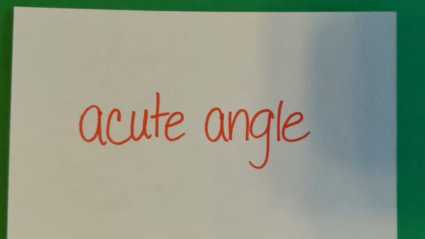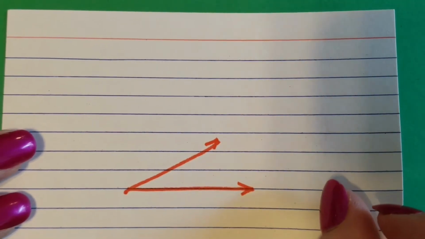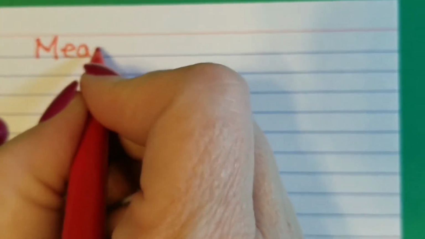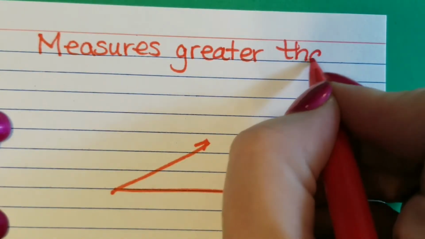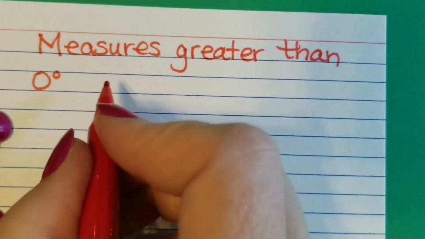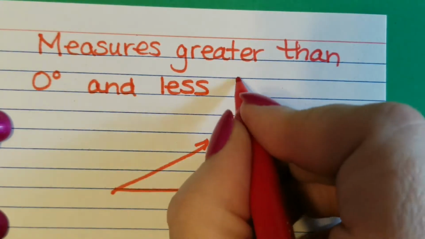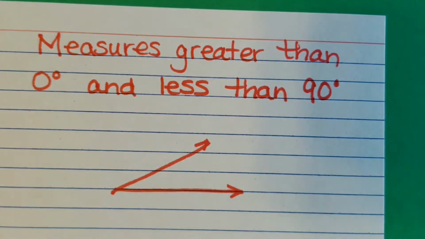The measures of our angles can also determine a type of angle. We have 4 types. The first one is going to be the acute angle. The acute angle will measure between 0 and 90 degrees, less than 90 degrees, and it can look something like the one drawn here.